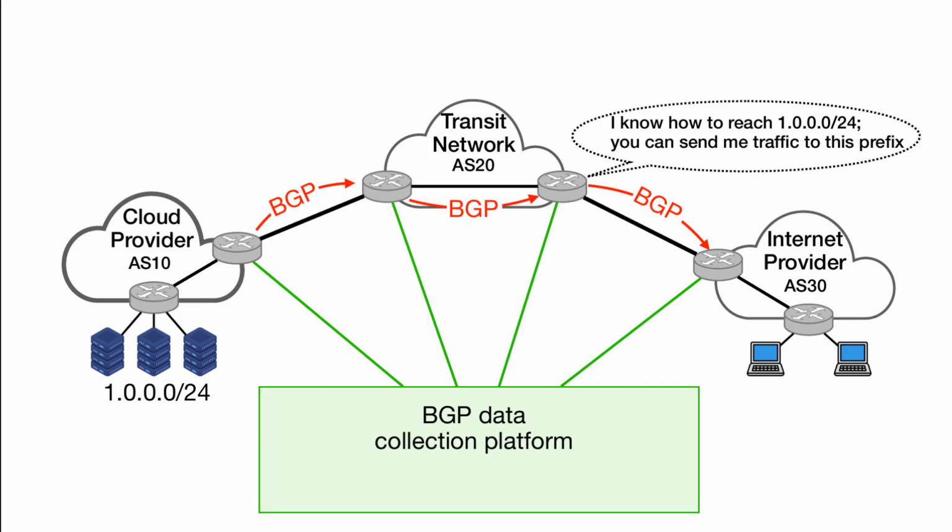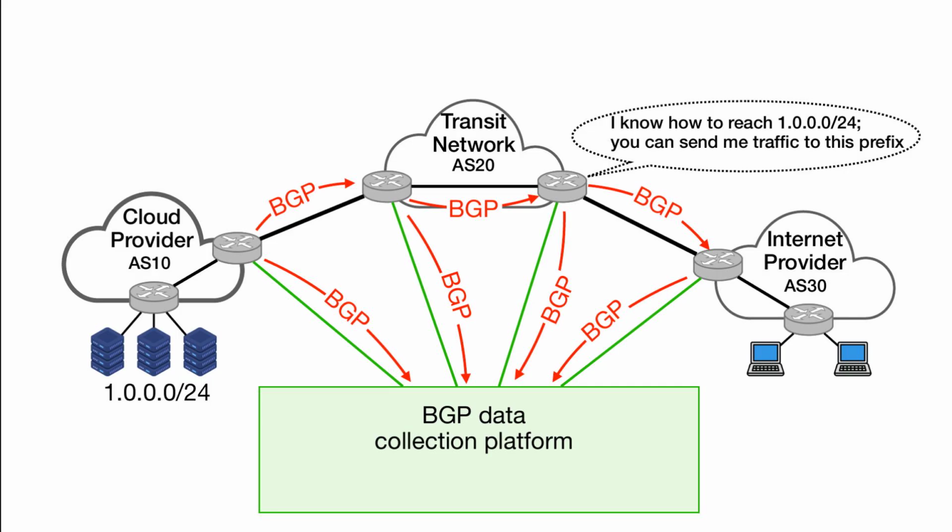Aside from BGP looking glasses, there is another approach, which is to collect data with a BGP data collection platform. These platforms establish BGP sessions with real routers for which operators volunteer to share their routing data. For instance, if we take our previous scenario, we can now imagine that ASes 10, 20, and 30 agree to connect their routers to such a BGP data collection platform and export their BGP routes.